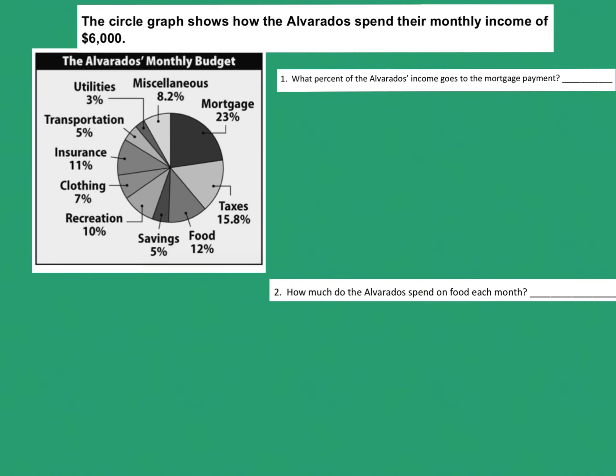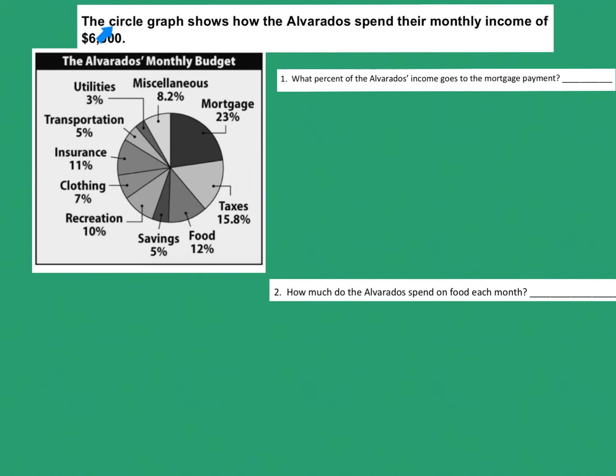The first question we're going to look at says, what percent of the Alvarados' income goes to their mortgage payment? So this graph is a circle graph. As we look around, all the categories are being represented as percentages. Circle graphs most often tell you the quantities in percents.